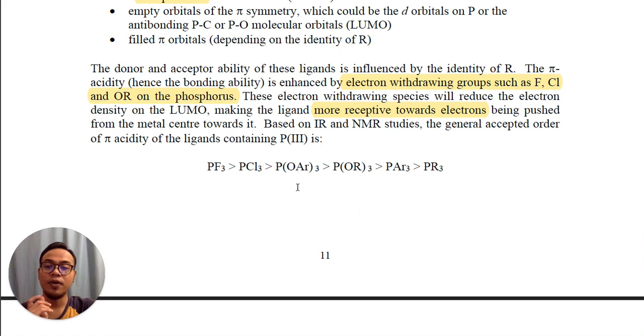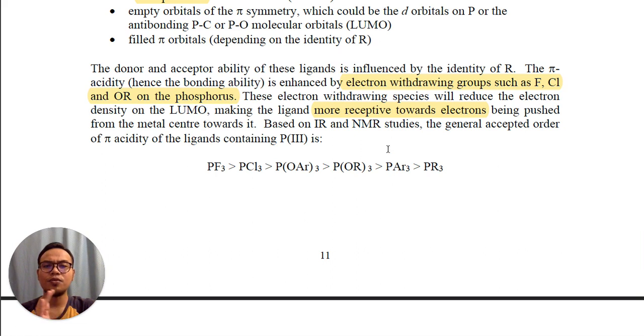Ar stands for aromatic, O is definitely oxygen. And then definitely aromatic works better than your alkyl, because your aromatic has resonance or delocalization of electrons, which makes it more electron rich compared to your alkyl. And then you have phosphine attached with aromatic and phosphine attached with any alkyl group.